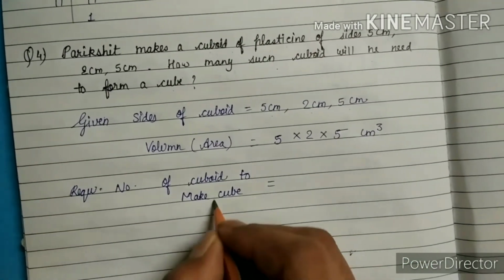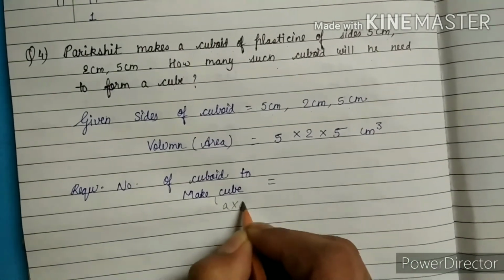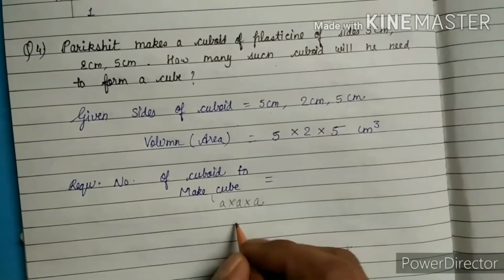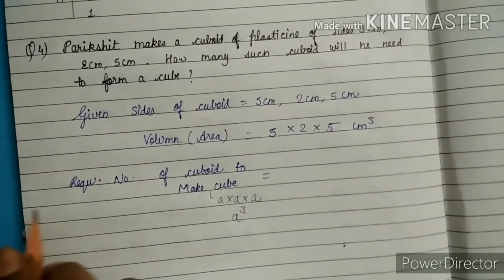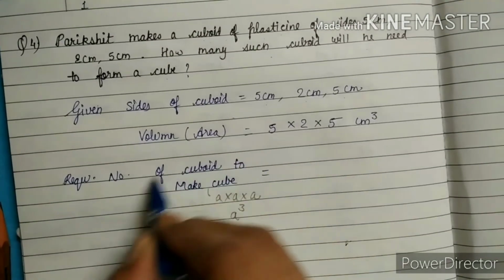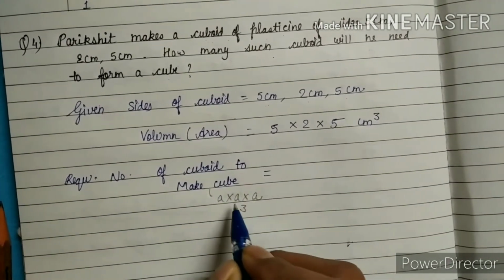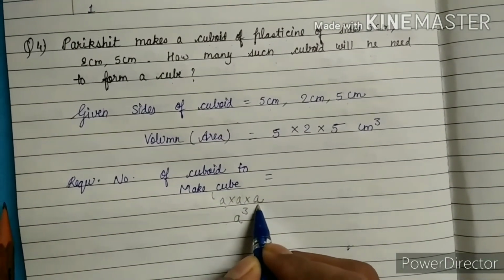We know in a cube we have a into a into a. It means that whatever the thing is, it must be in the form of groups of 3.